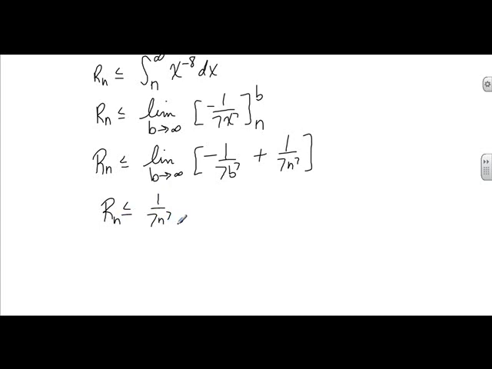And the question is, how many terms, what's the value of n to make this true? Well, if our remainder is less than or equal to 1 over 7n to the 7th, we'll put that less than or equal to 10 to the minus 3rd power.